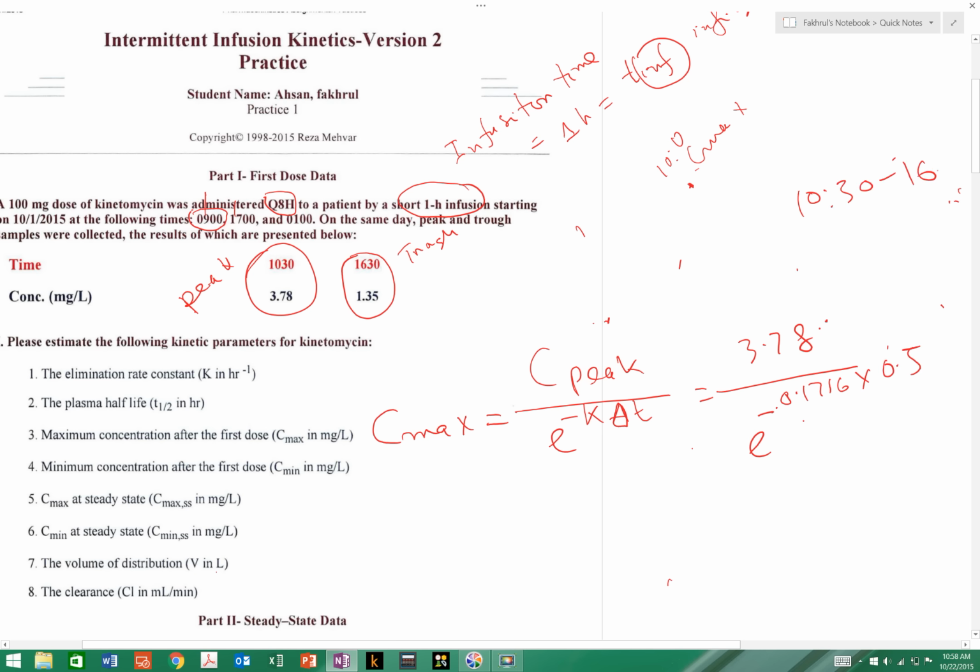Do not put 30 minutes there, then you will have the wrong answer. Just 30 minutes means 0.5 power. You should get a Cmax of 4.118 milligram per liter. We are not playing with unit here, so you don't have to worry much about unit. So this is your Cmax.